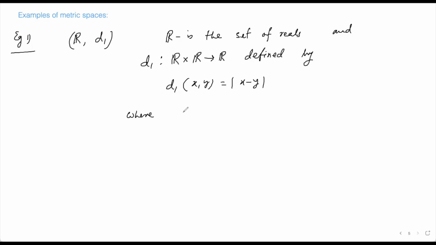Where for little r in the set of reals, the absolute value of r is equal to r if r is greater than or equal to 0, and minus r if r is less than 0, r belongs to R. Okay, so this is the absolute value function.